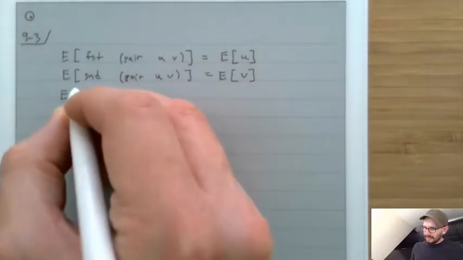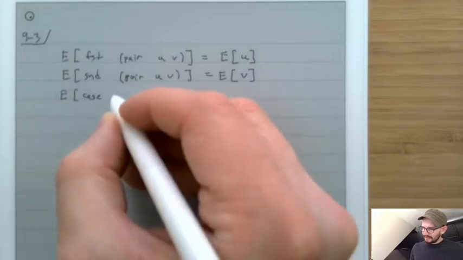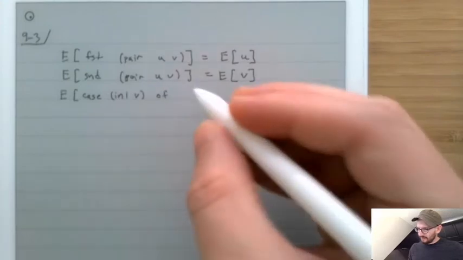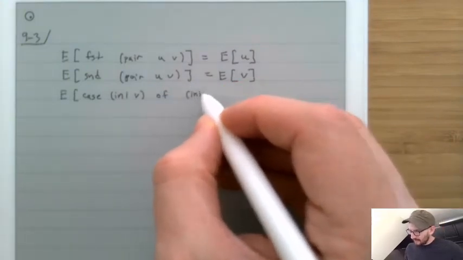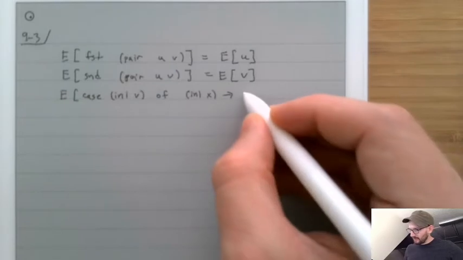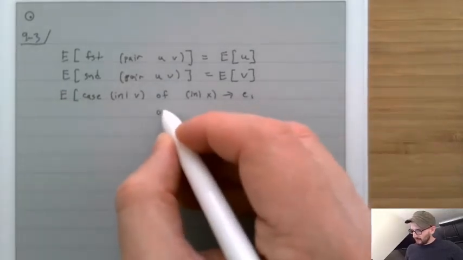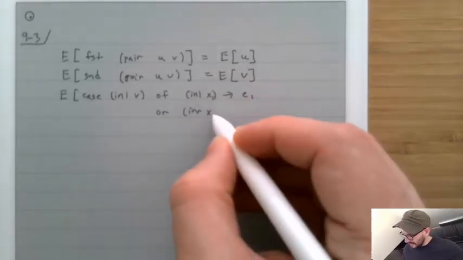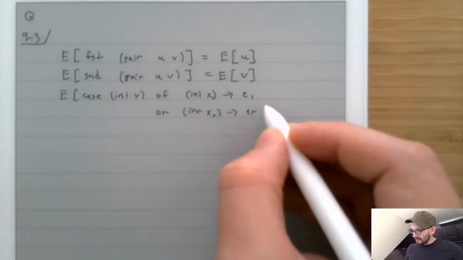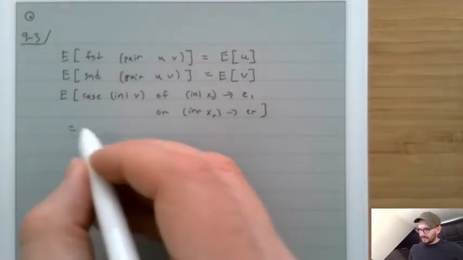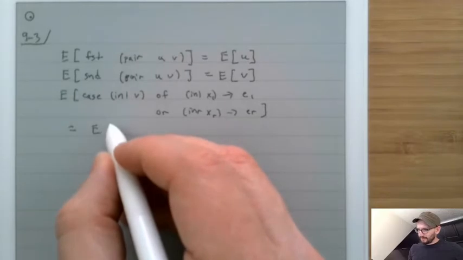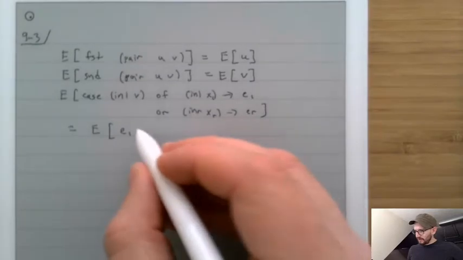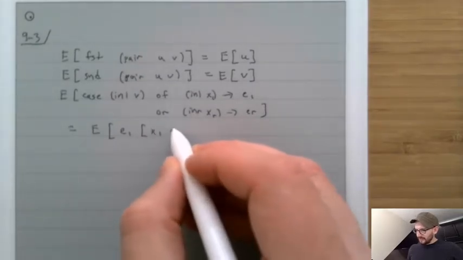We'll say that E of case in left V of in left XL arrow EL, or in right XR arrow ER, that is going to be equal to E of EL, that's this one, where we find all the XLs and replace them with V.